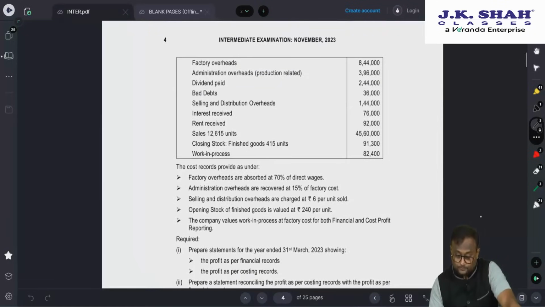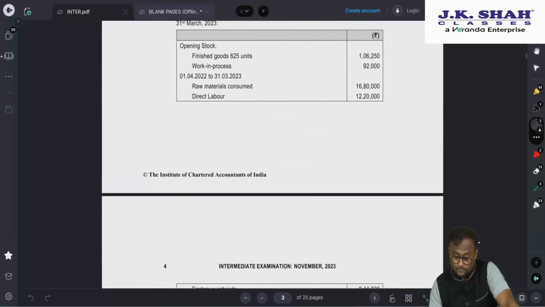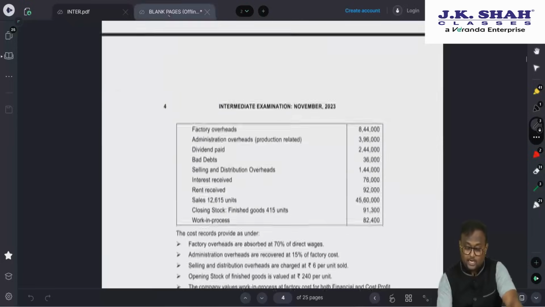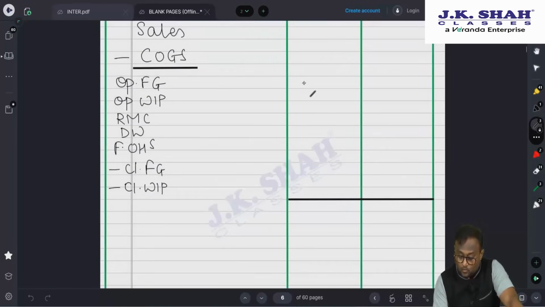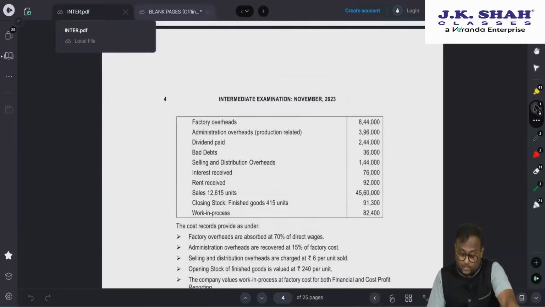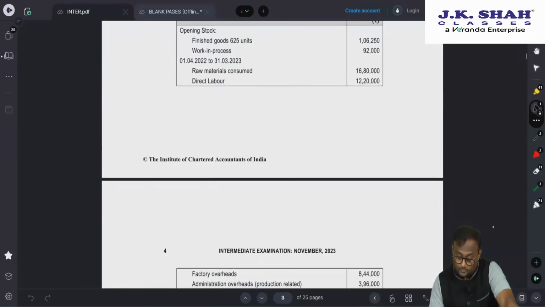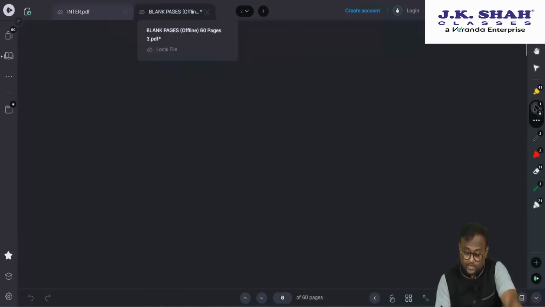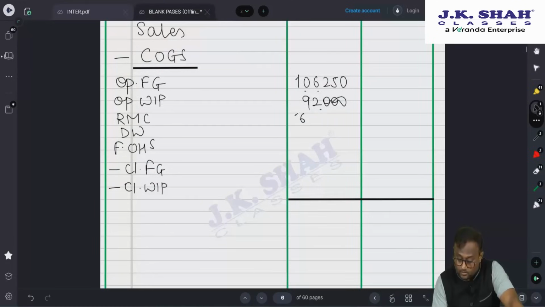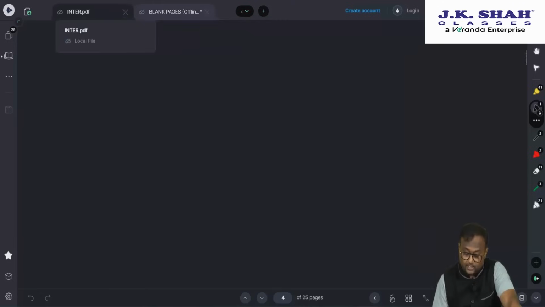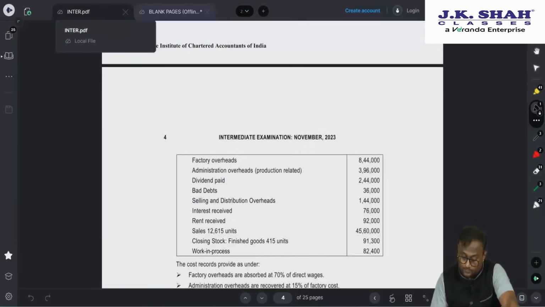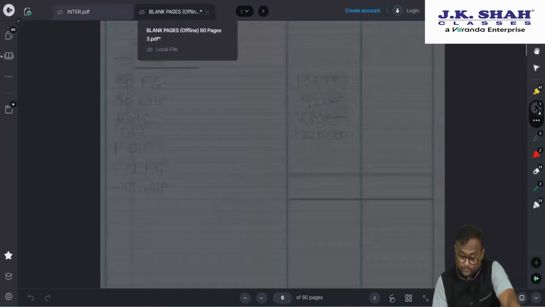Opening finished goods 106,250 and 92. Raw material consumed 1680, labor 1220. 8,44,000 factory overheads.